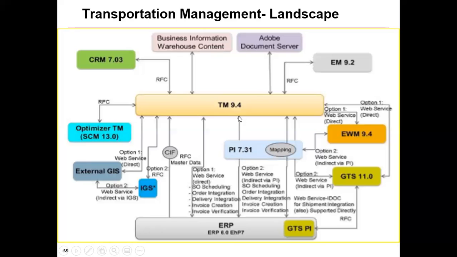So basically it is also a mapping and matching concept between these two SAP boxes, and there we have all these documents like sales order scheduling, order integration, delivery integration, invoice creation and invoice verification.